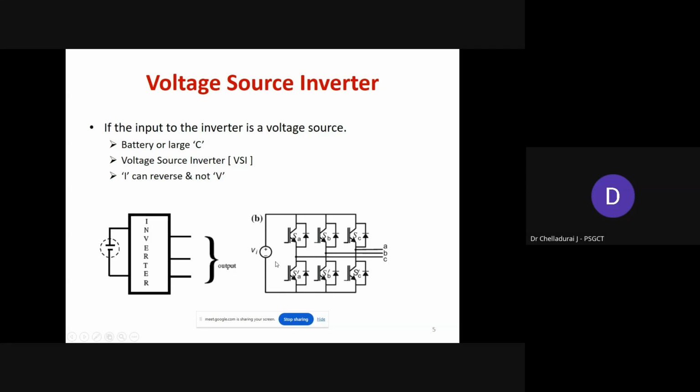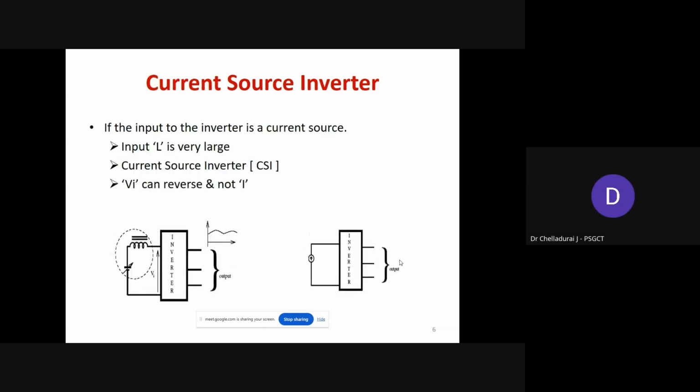This is a DC to three-phase AC conversion topology. By using this voltage source inverter, we can convert the DC voltage into AC. Next to the voltage source inverter, the second very important topology to convert DC into AC is the current source inverter.